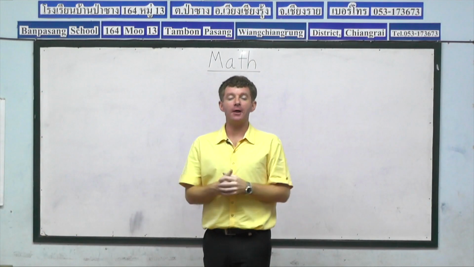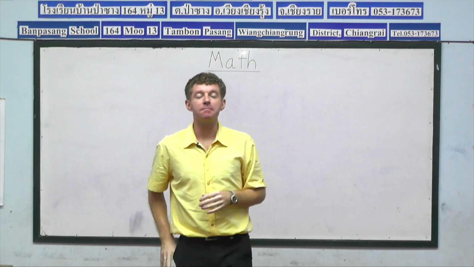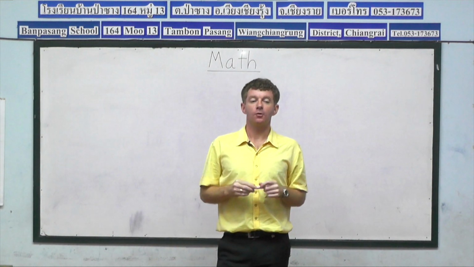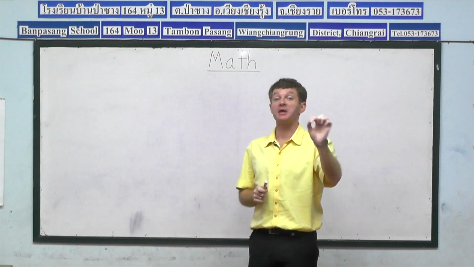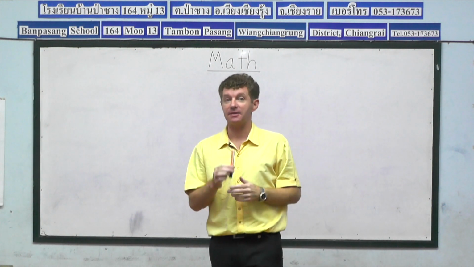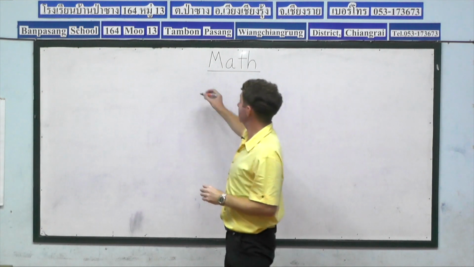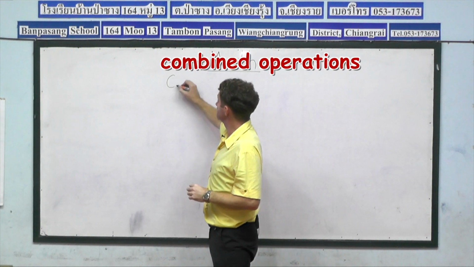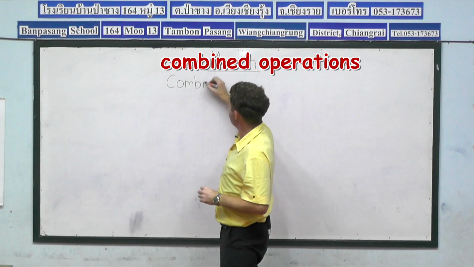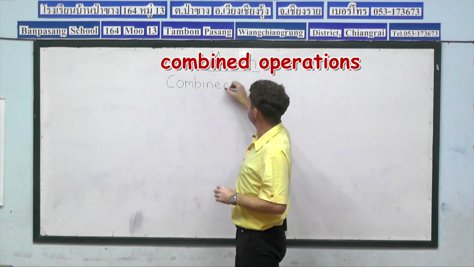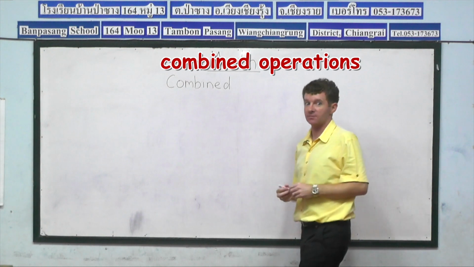So who can tell me what we've been learning about in math class recently? Who can? Combined operations. Perfect. Excellent. We've been learning about combined operations. So let's write that phrase on the board. C-O-M-B-I-N-E-D. Combined.